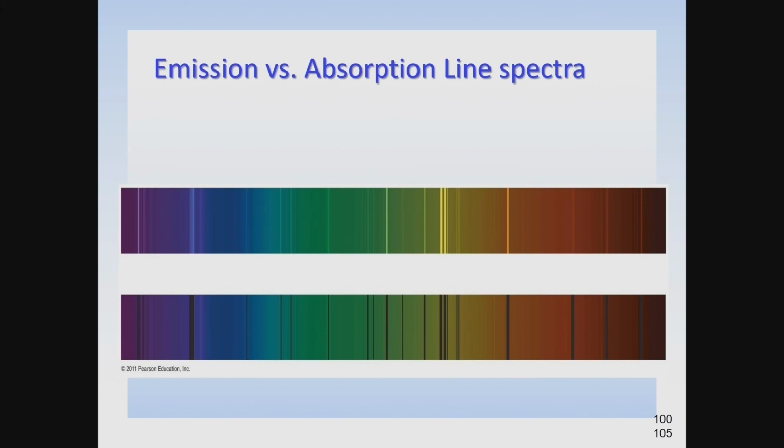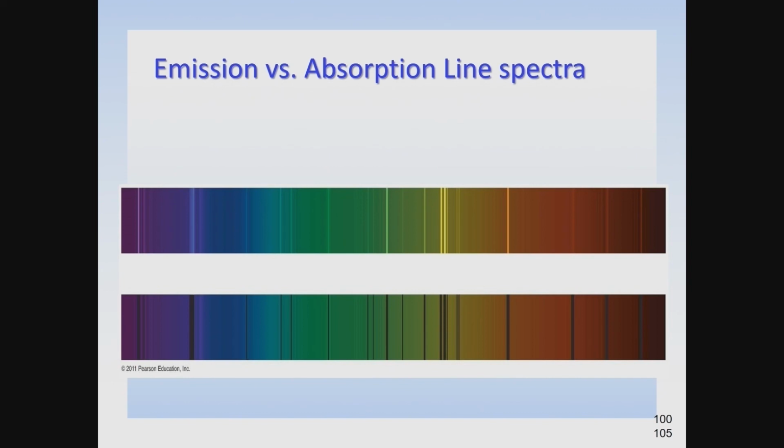So in the top picture, we have a continuous spectra, but kind of overlaid on it, we have a bright line spectra. If you see bright lines that are appearing in the spectra, and they may or may not be overlaid on a continuous spectra, the bright lines that you're seeing are something called an emission spectra.